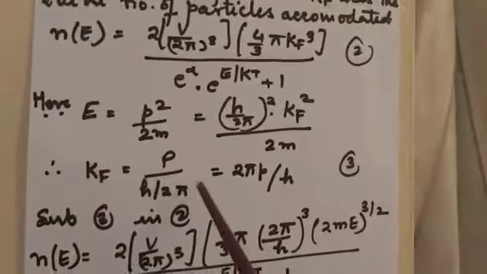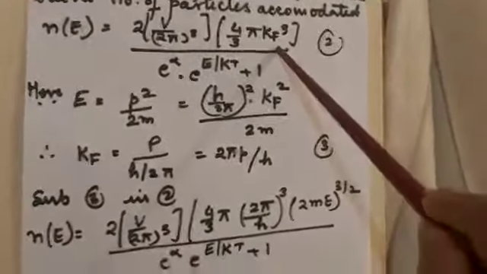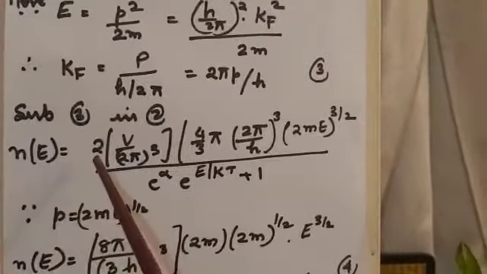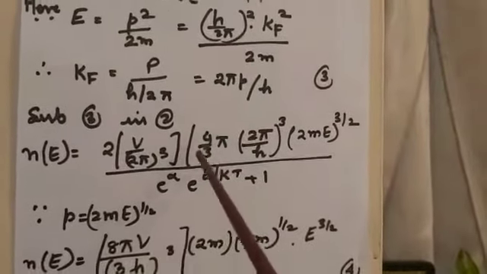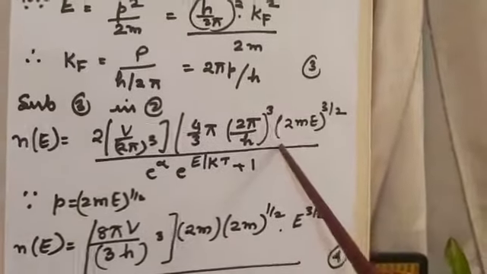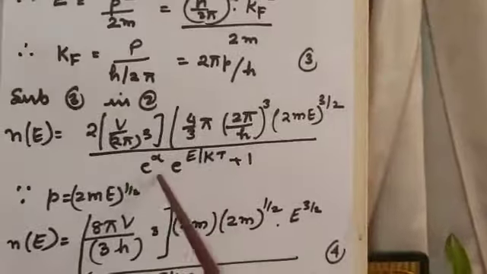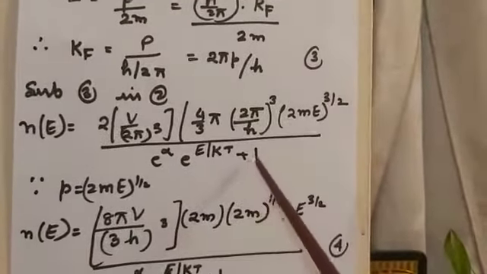Now we substitute this value of kF from equation 3 into equation 2. Then we get Ne equals 2 into V by 2 pi cubed, 4 by 3 pi, into 2 pi by h cubed, into 2mE to the power of 3 by 2, divided by e to the power of alpha, e to the power of E by kT, plus 1.